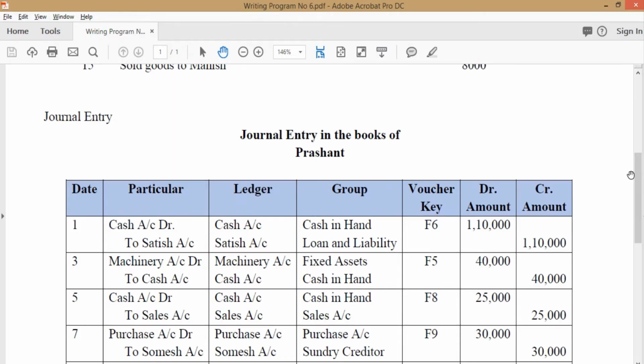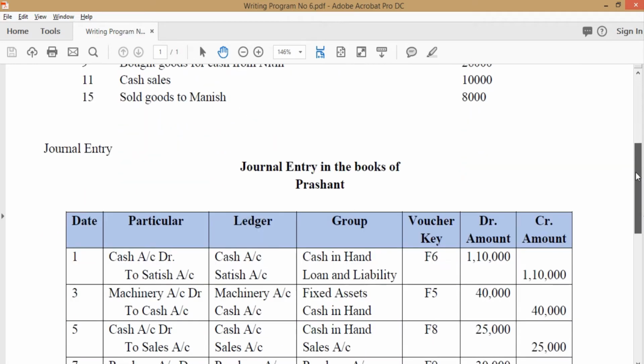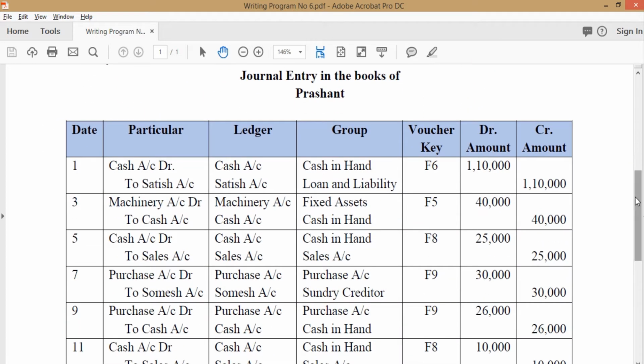Now the third transaction is related to sale: sold goods for cash to Satish. Here the transaction is a sale but in the form of cash, of rupees 25,000. So cash account debit to sales account, and the key for sales is F8.